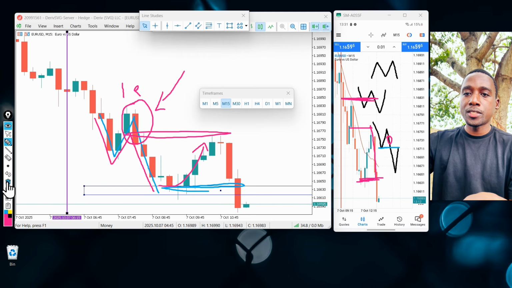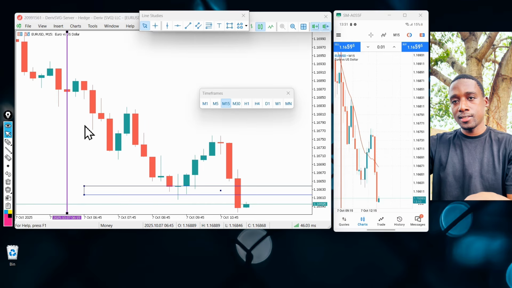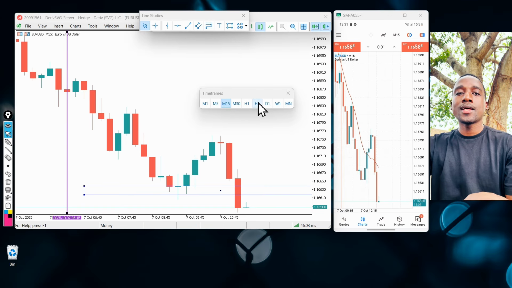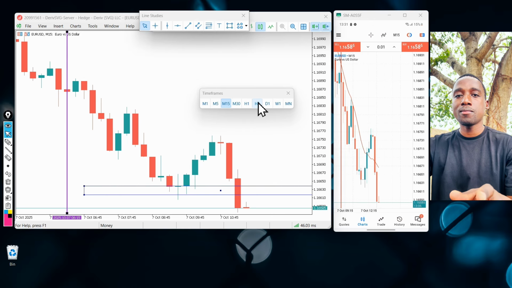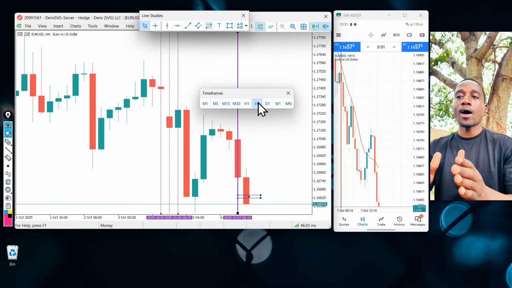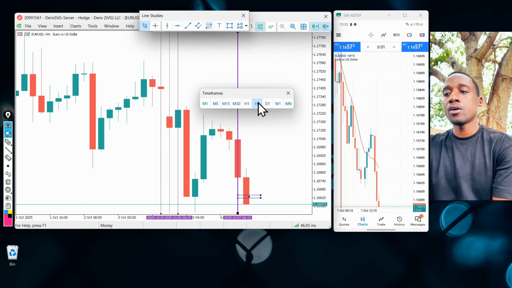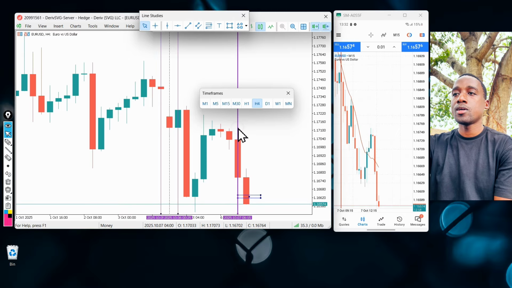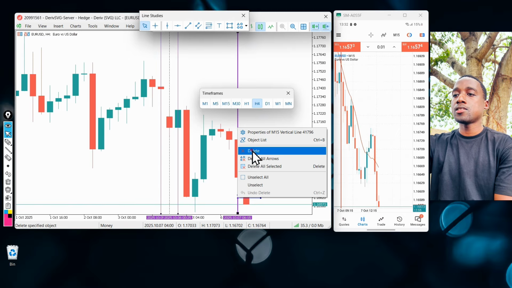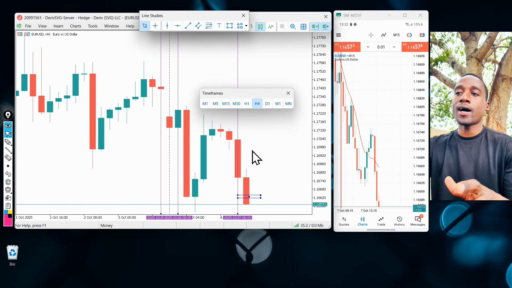Now, what about swing trading? Swing trading, it's simple. You just have to use a higher time frame. What time frame are we using to swing trade? It's 4 hours. 4 hours is the standard time frame for you to swing trade. How are you able to swing trade using the H4 time frame? Now, this is where it gets tricky, because now you need to do alignment.